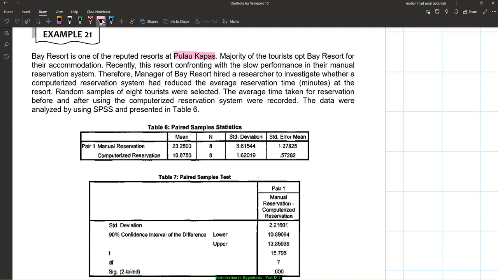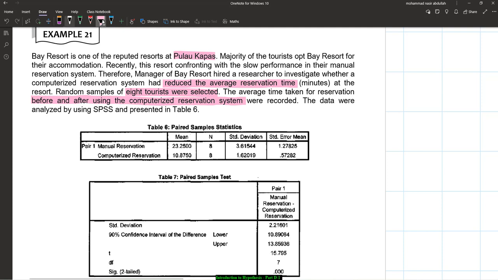So therefore, the manager of Bay Resort hired a researcher to investigate whether the computerized reservation system had reduced the average reservation time at the resort. A random sample of 8 tourists were selected. The average time taken for reservation before and after using the computerized reservation system were recorded.